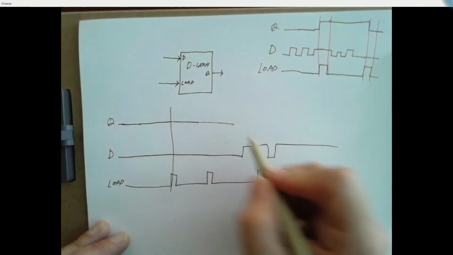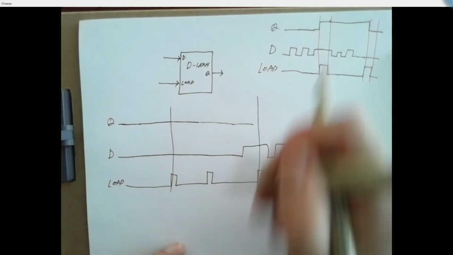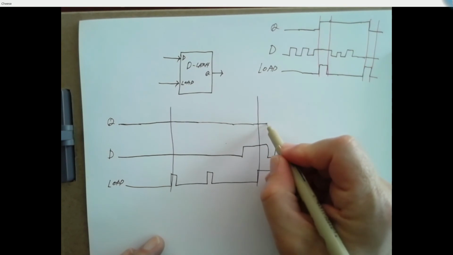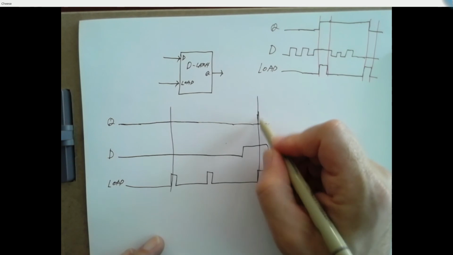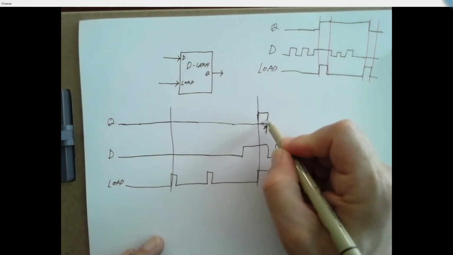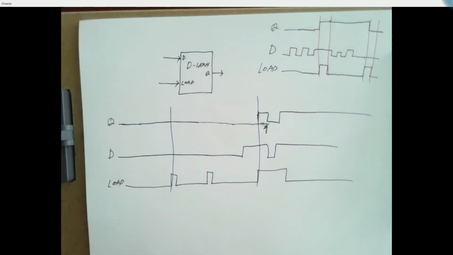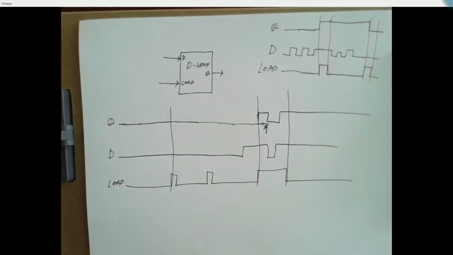And here D is going crazy, but nothing matters because the load line is low until you get to here. At this point, Q is going to go high, and then here it's going to drop, and then it's going to go high. And then when the load line drops, it's back to ignoring D.